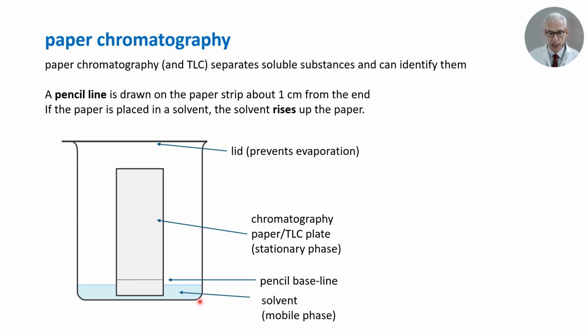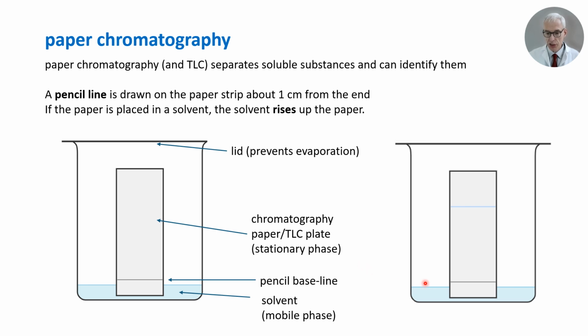And then that paper, chromatography paper or TLC plate, is placed in the solvent. The solvent may be referred to as the mobile phase, in that it is going to rise up through the chromatography paper, which may be referred to as the stationary phase or containing the stationary phase.